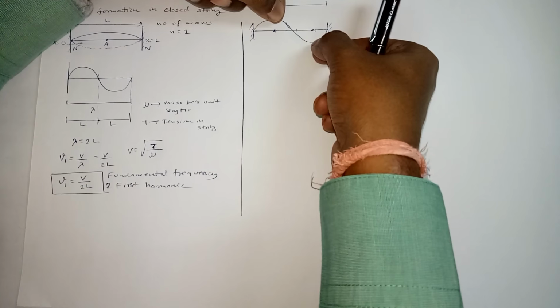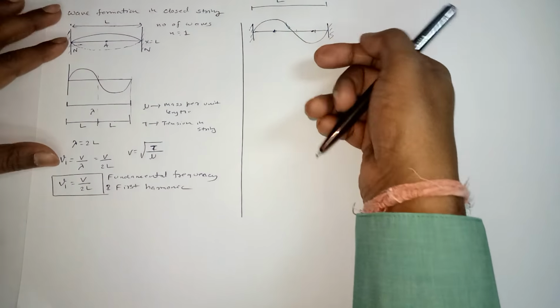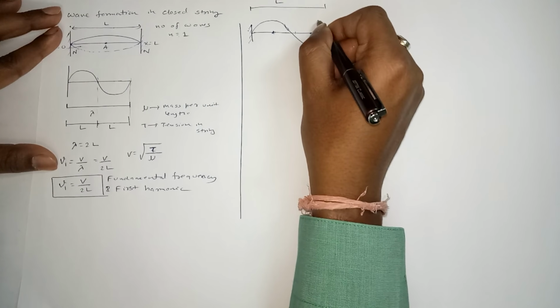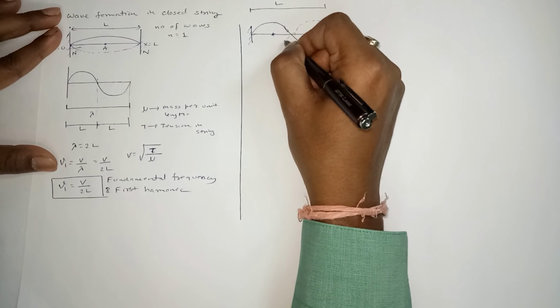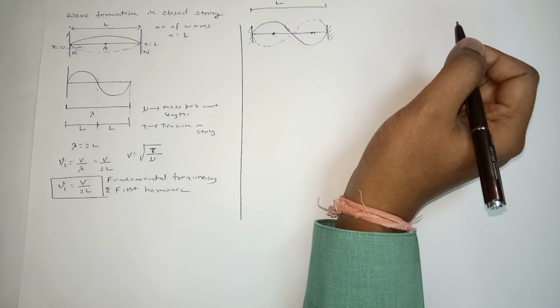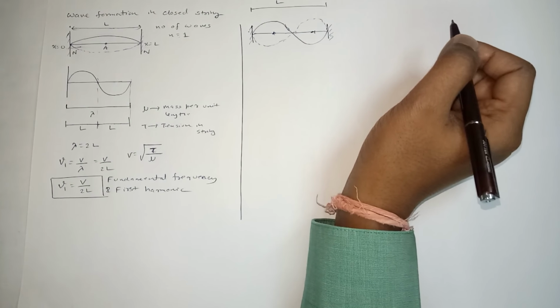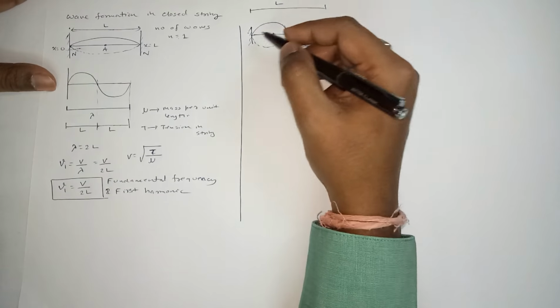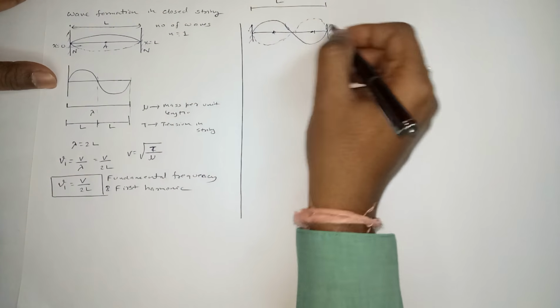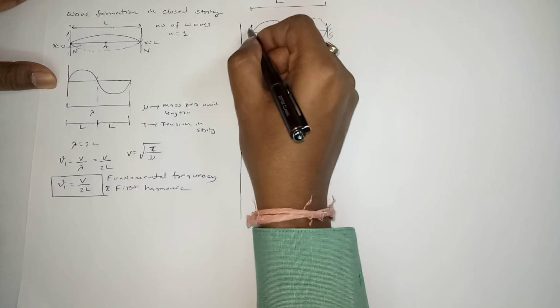If this is your wave, then this becomes your reflected wave. In this case you need to identify how many waves there are in this string or in this medium. You can see clearly that this length is L.